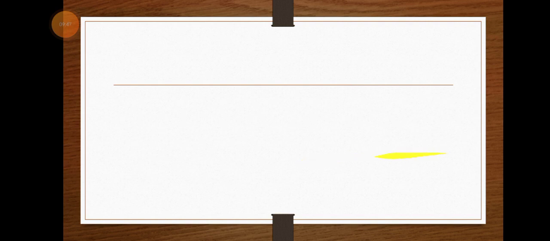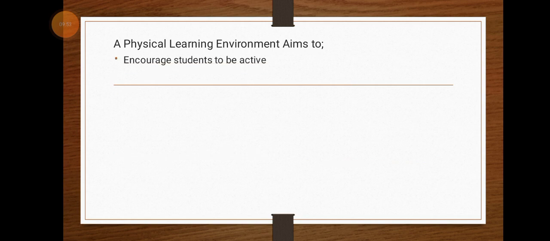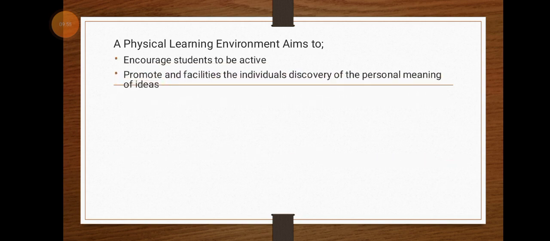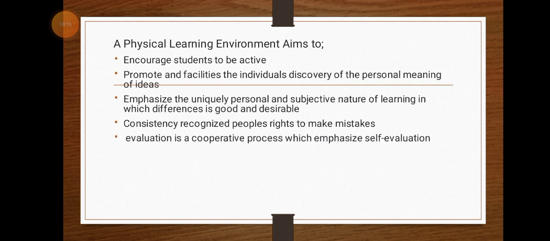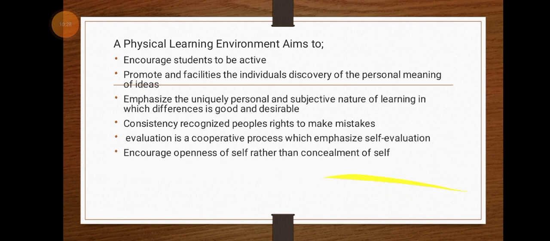So a physical learning environment aims to encourage students to be active, promote and facilitate the individual's discovery of the personal meaning of ideas, emphasize the unique personal and subjective nature of learning, in which differences are good and desirable, consistently recognize people's rights to make mistakes, and make evaluation a cooperative process which emphasizes self-evaluation. It encourages openness of self rather than concealment of self.